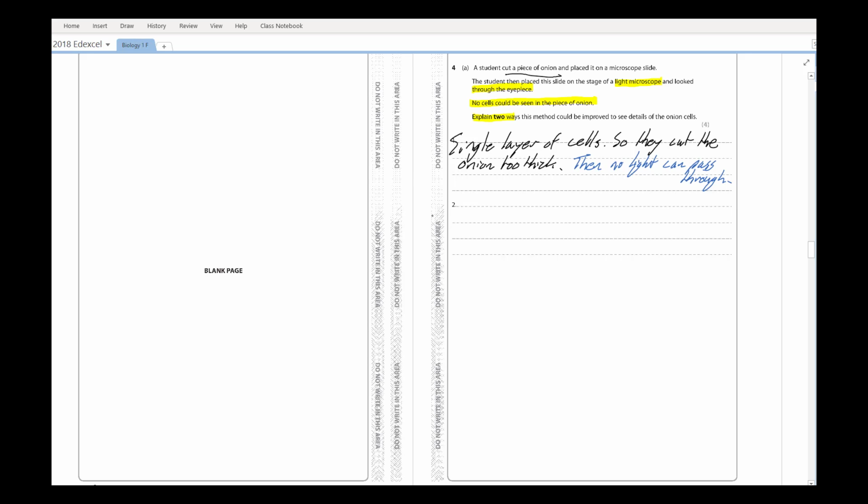They haven't talked about staining it, so they could use a stain, and the reason is then they could see the parts of the cell clearly.